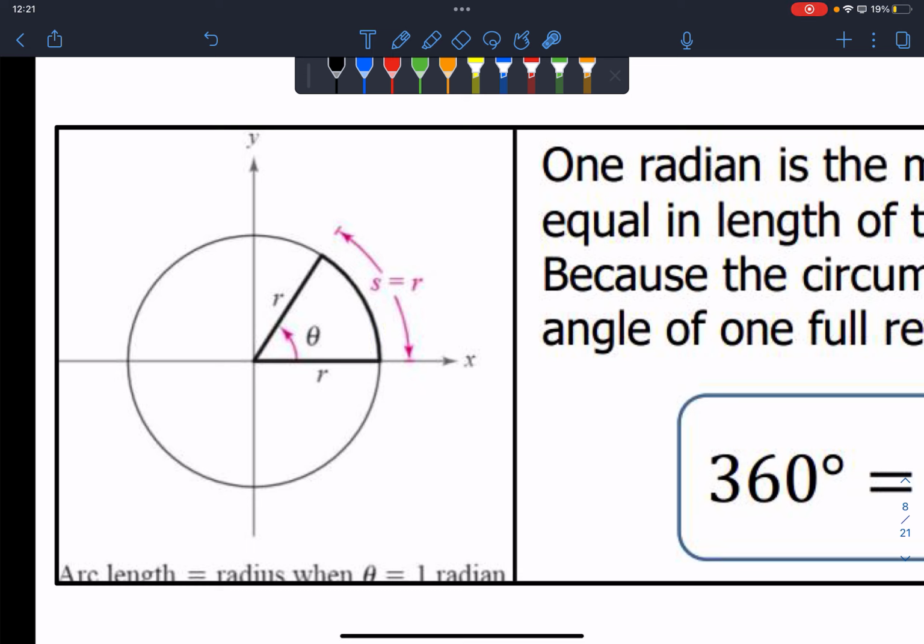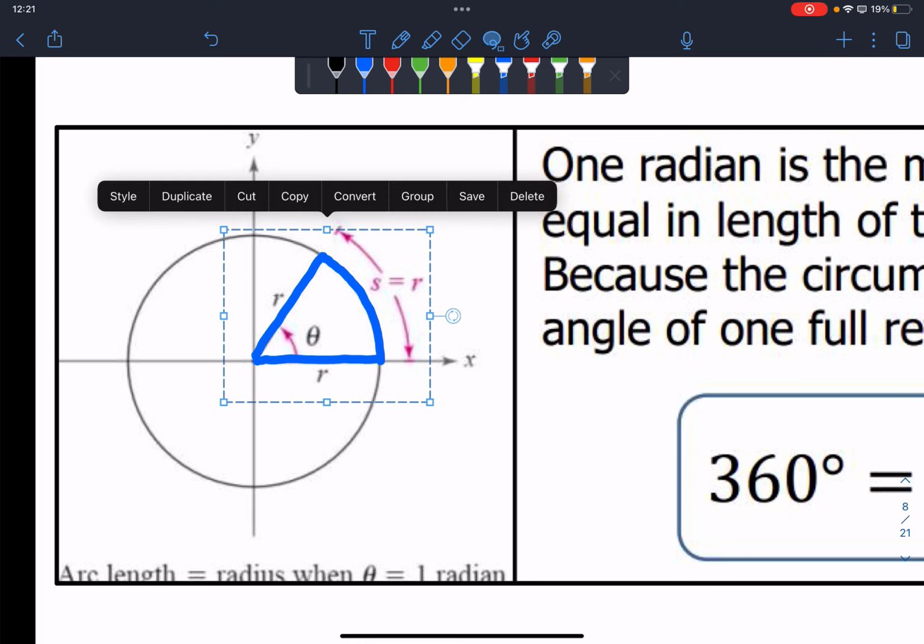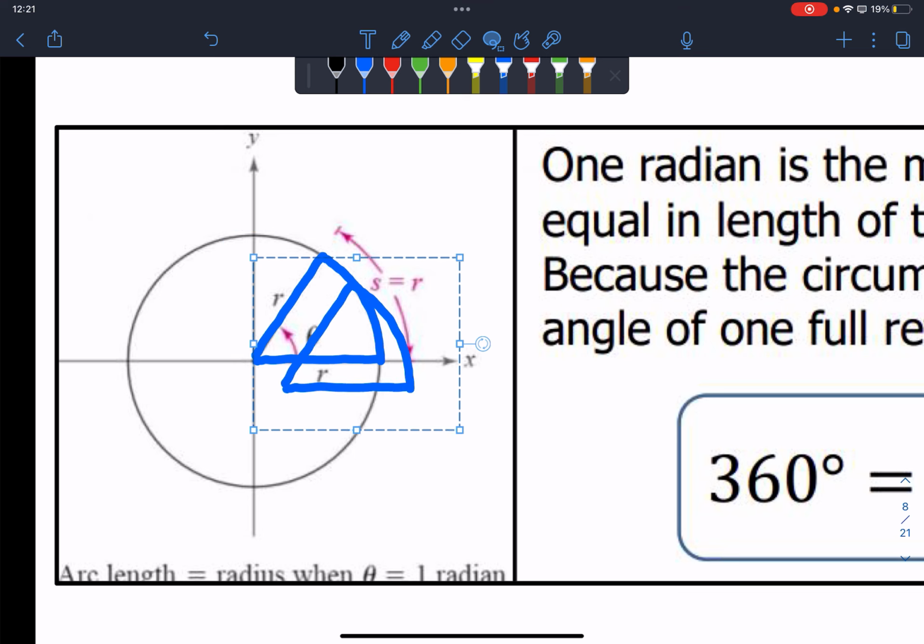So if I get this value, let me copy this down, let me trace over this. That right there, let me copy it. Let me duplicate it 2 times.